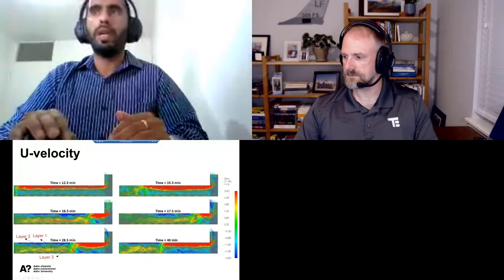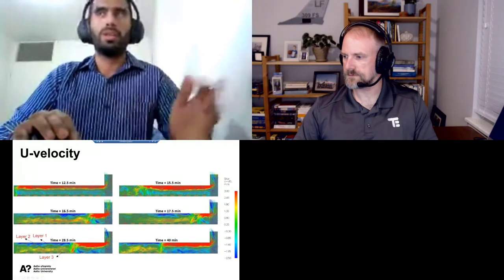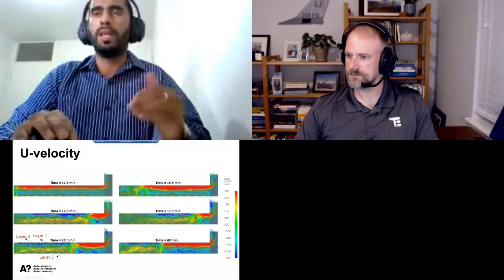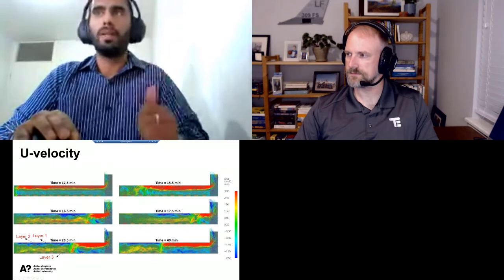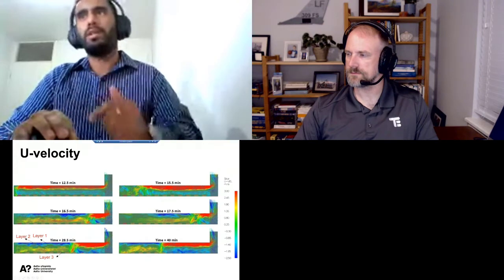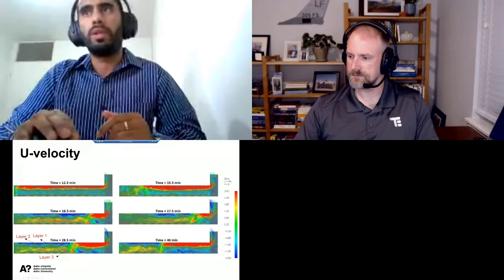At 28.5 minutes, when the fire is moving back towards the closed end, so that's the left end, you see that at the ceiling, the flow is negative. It's flowing into the compartment. Right below it, the flow is flowing towards the flame. So the flame is here, and it's flowing towards the flame.